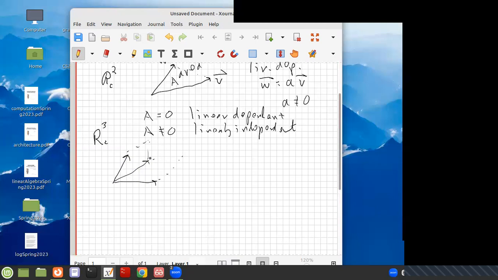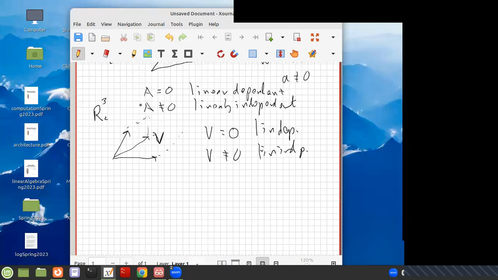You have some volume in here that does the same thing: if the volume V was 0, you have linearly dependent vectors, but if V is not 0, you have linearly independent vectors. Okay, so that is the inspiration for determinants. If you go to higher spaces, you have hypervolumes with the same story.